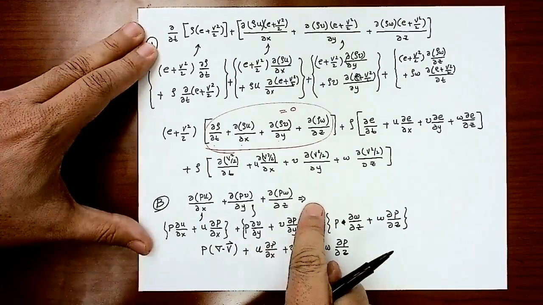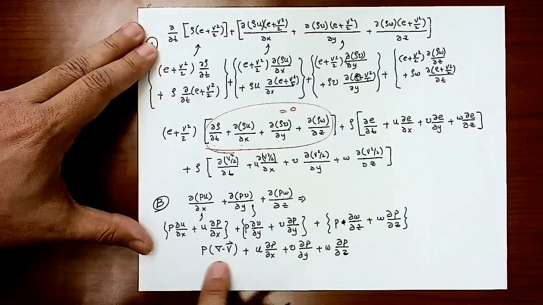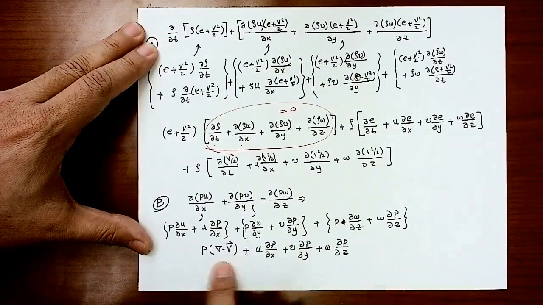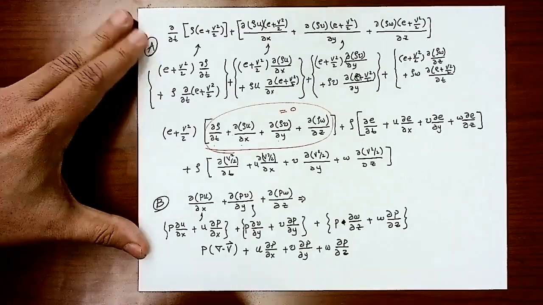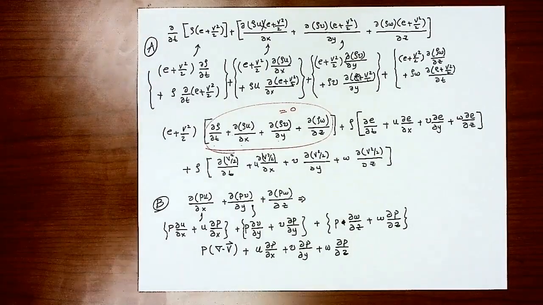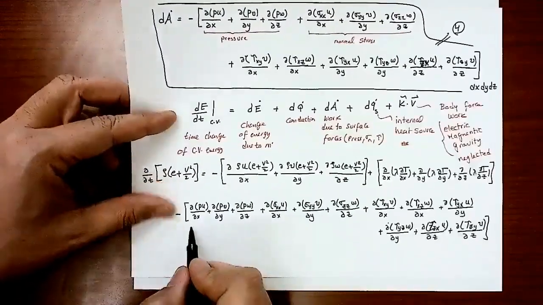So I break down these three values of the pressure into 1 and 3. That's 4 terms here. So that's the second term. Now it's time to go for the stress term, which is to go back to the original equation. I finished step B.